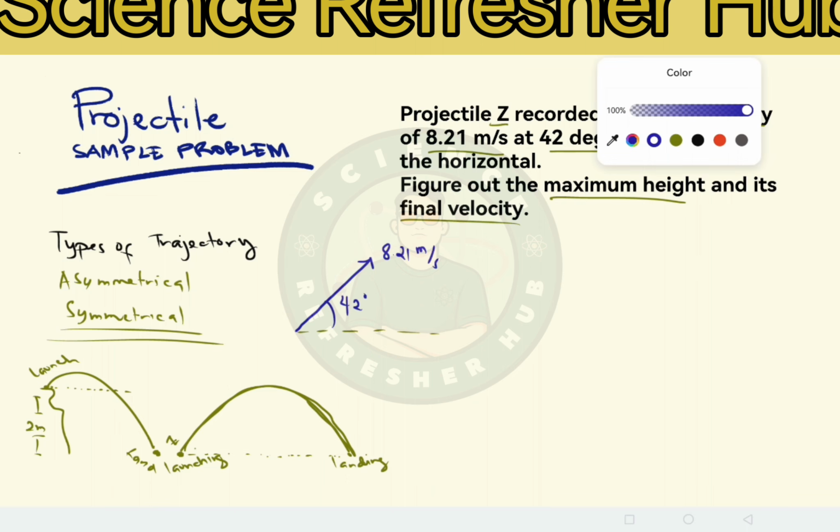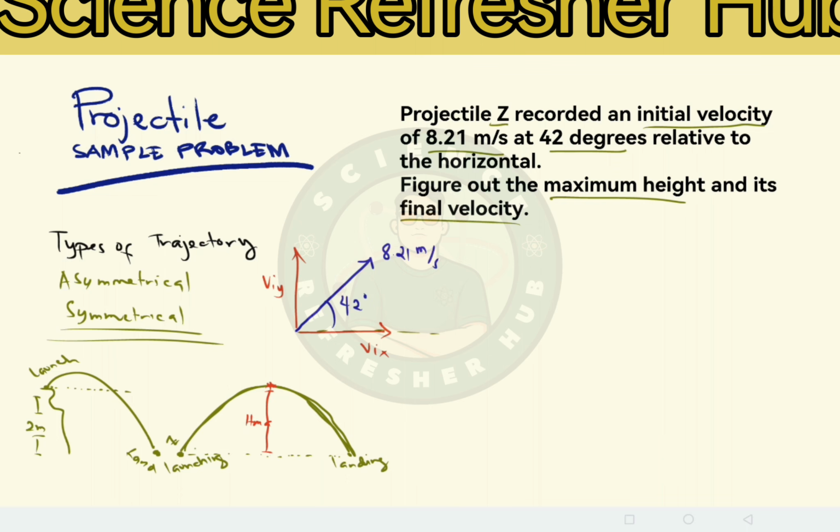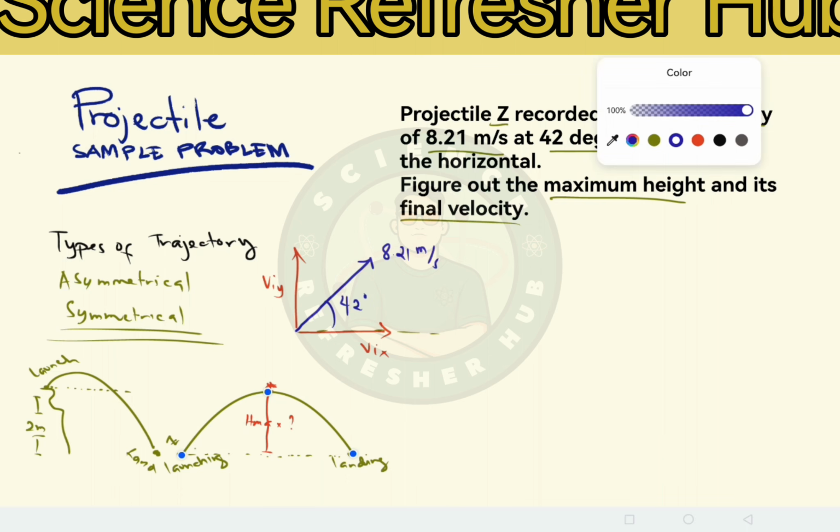As we all know, we have the initial velocity components, VIX and of course our VIY. When this particular projectile is at the max height, let's say this is the H max that we need to figure out. As we all know, when our projectile is going up, its velocity will decrease.